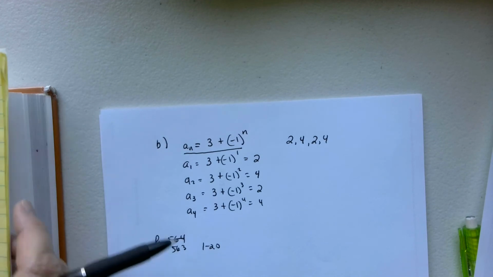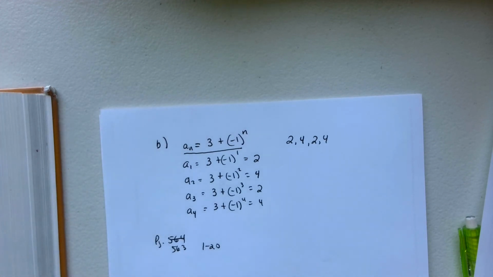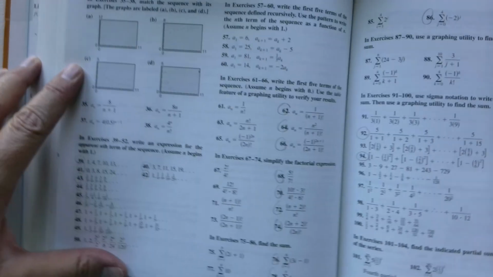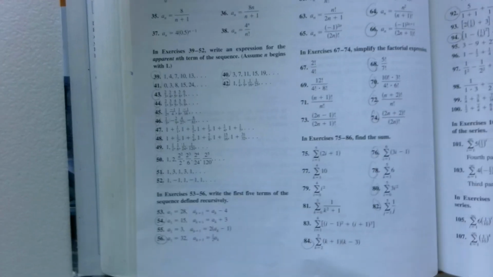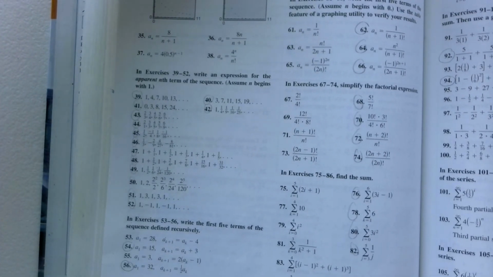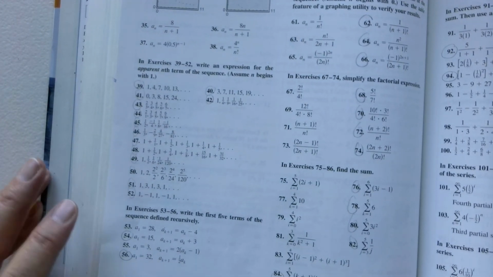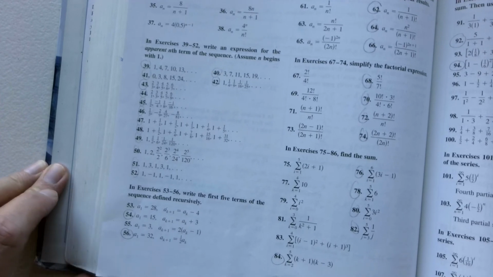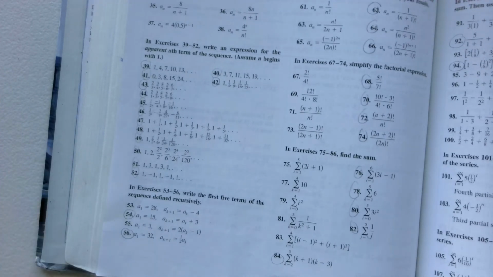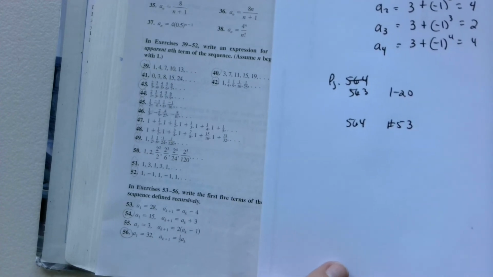Now, on page 564, let's look at number 53. It kind of has a strange formula, let me see if I can make some adjustments here. Okay. So it says, write the first 5 terms of the sequence, but it gives you a strange formula.